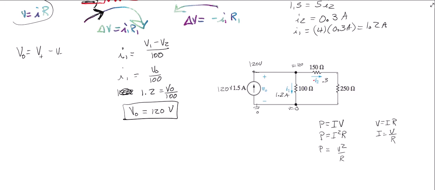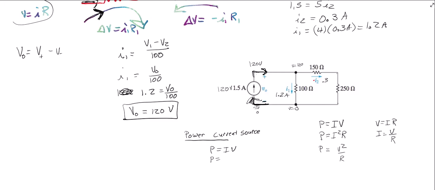Okay, so let's find the power for each of our sources. For our current source, I'm going to use P equals IV. When we're deciding whether to use a positive or a negative voltage in our equation, we look at which side of the source the current is entering.